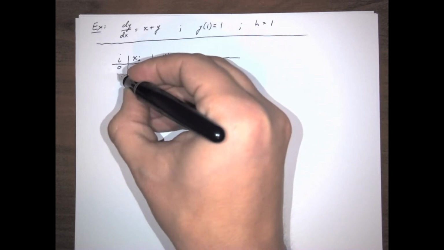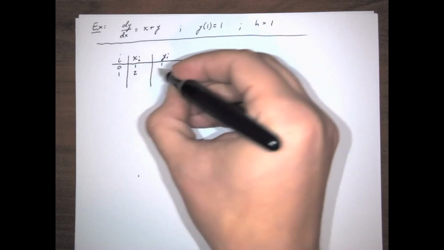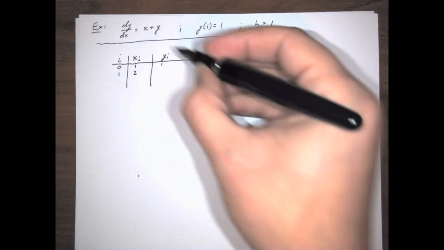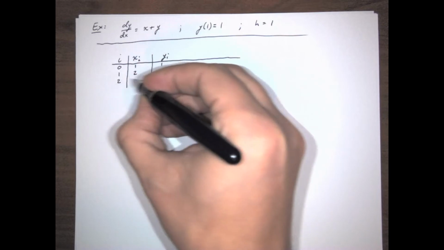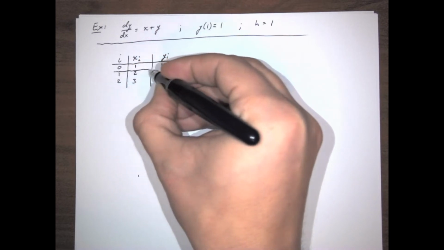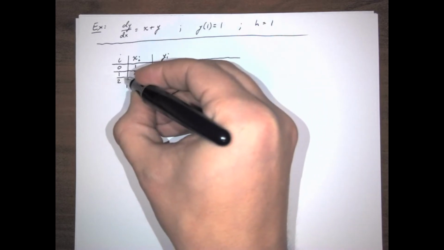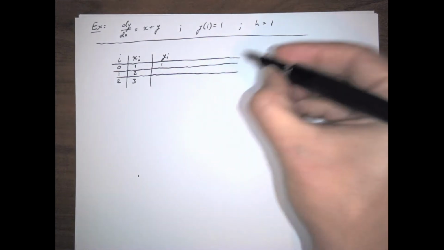That's our initial condition. When i is equal to 1, x will equal 2. And then if i equals 2, x will equal 3. So we'll just flesh it out this far.